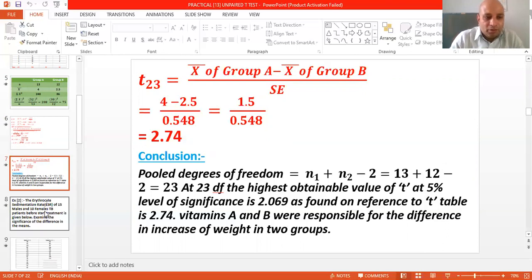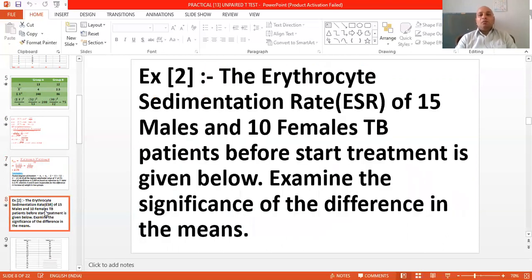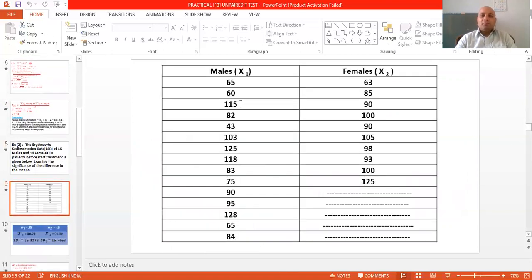Then example 2. The ESR of 15 males and 10 females, TB patients, before start of treatment is given below. Examine the significance of the difference in the mean. The given data: male is x1 and female is x2.